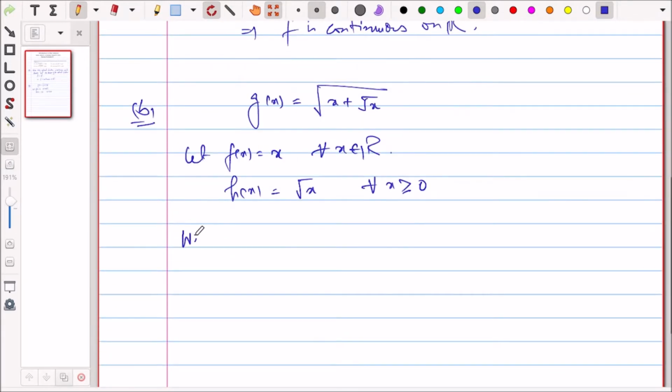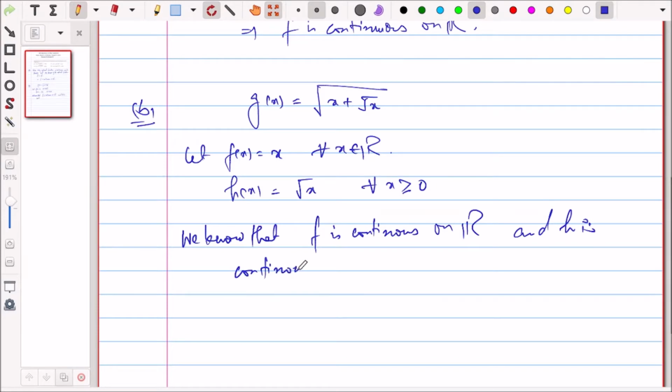We know that f is continuous on R, being the function f(x) equal to x, and h is continuous on the set of all positive real numbers including 0. So it is continuous for all x greater than or equal to 0.